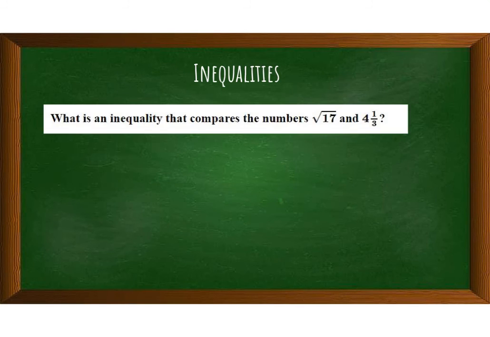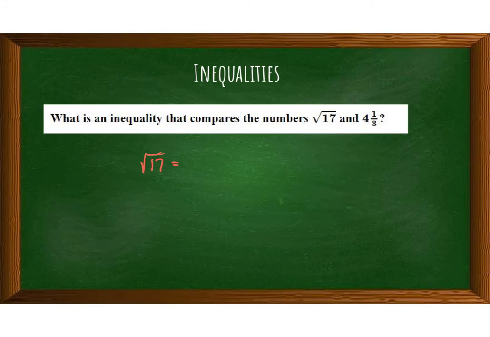All right, what is an inequality that compares the numbers square root of 17 and 4 and 1/3? So the square root of 17 is an irrational number, but we can approximate what it is, okay?